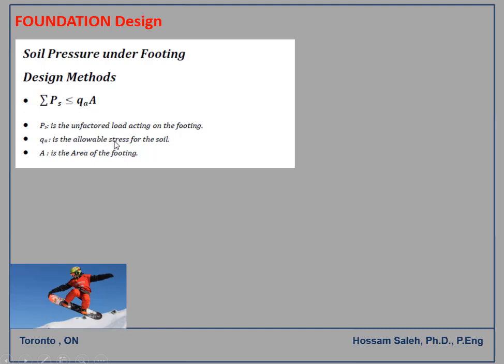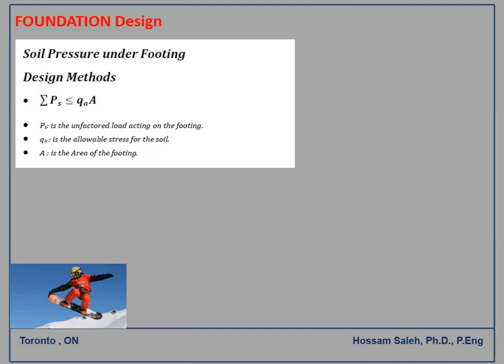For example, if you have a good soil and it gives you a bearing pressure of 500 kilonewton per meter square, and you have the load of the column at the foundation level as 5,000 kilonewton, you divide the 5,000 kilonewton by the allowable bearing pressure of 500, and then you need 10 meter square for the foundation.